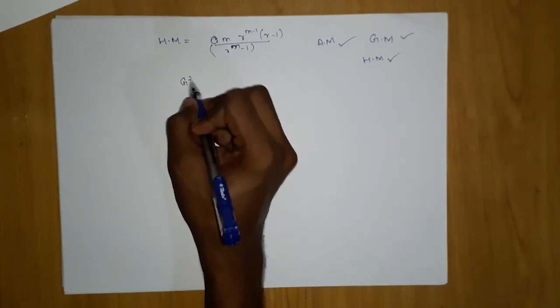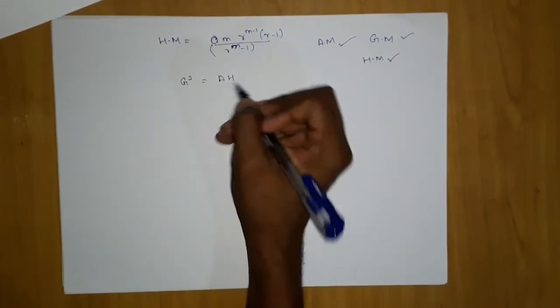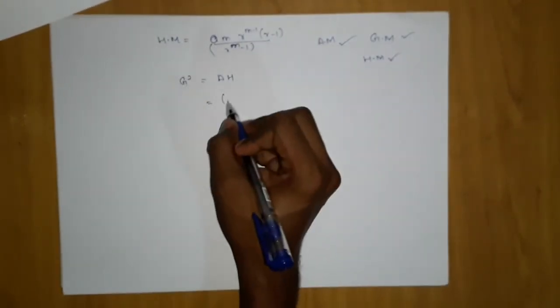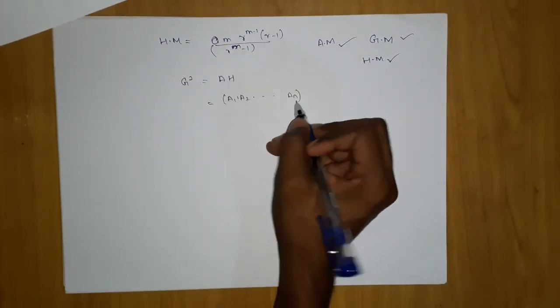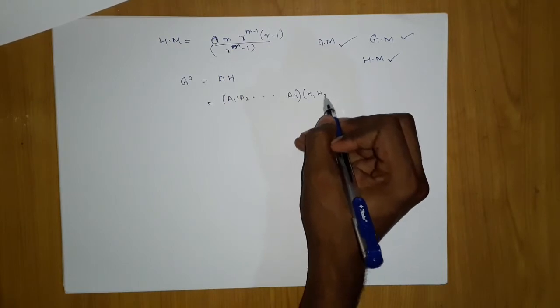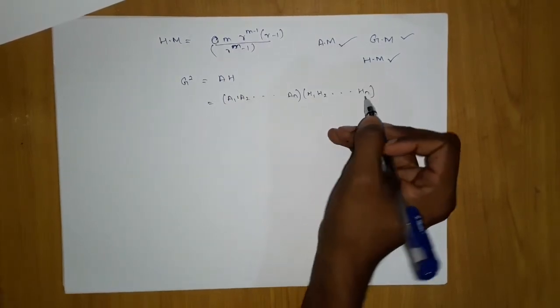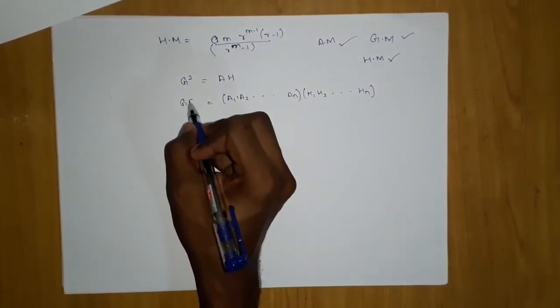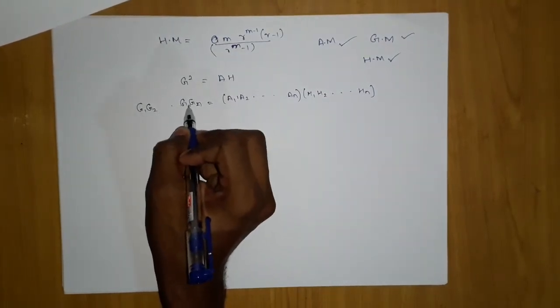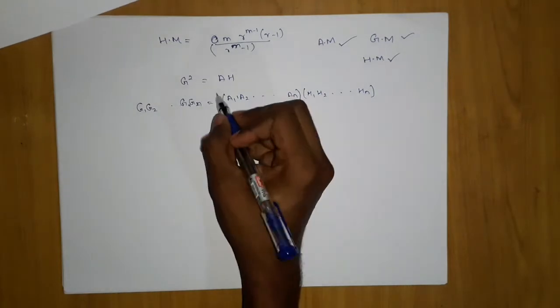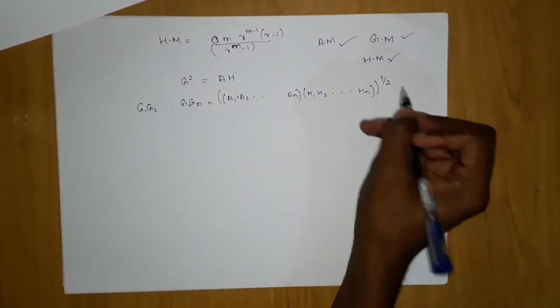Now let's apply the condition G square is equal to AH, which gives us a1, a2, and so on, there will be n means, and this will be h1, h2 till hn harmonic means, and this will be g1, g2 and so on till gn. Now we will move this 2 power here, which will give me 1 by 2.